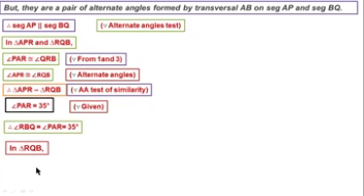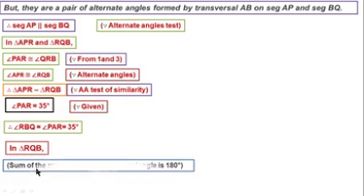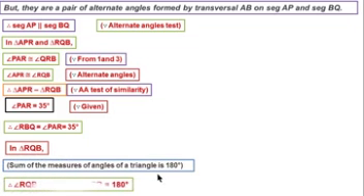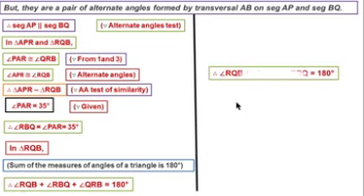In triangle RQB, the sum of the measures of all angles of a triangle is 180 degrees. Therefore, angle RQB plus angle RBQ plus angle QRB is equal to 180 degrees. Therefore, angle RQB plus angle RBQ plus angle RBQ is equal to 180 degrees.